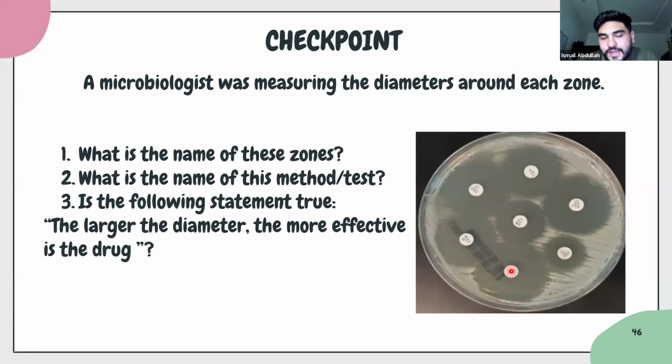I think that the larger the diameter, the more effective the drug is going to be, unless I'm wrong, so please correct me. I think I have encountered this question before, and I immediately said yes, but the answer was actually no. The reason is that you would not only look at the diameter and say, oh, the larger the diameter, the more effective.